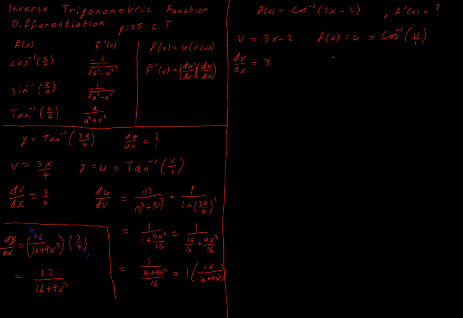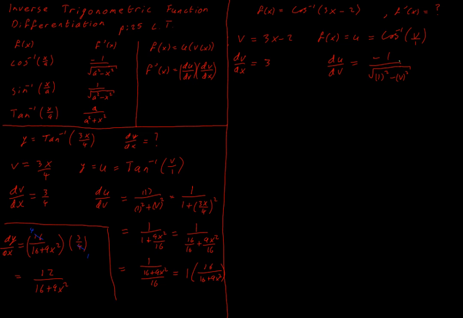And our du dv, the derivative of u with respect to v, is going to be following our rule here. Minus 1 all over square root of 1 squared, a is 1, minus v squared.